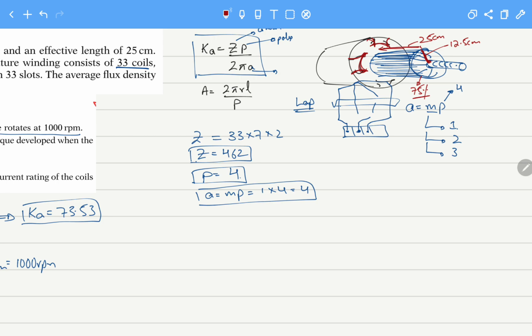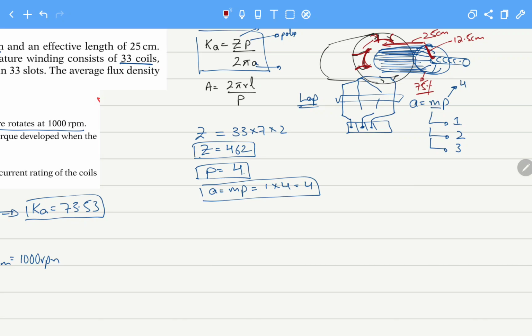That means the torque or the voltage being induced on the rotor is due to the electromagnetism that is only acting on 75% of the total area. Where is the other 25%? It is in the gaps between the poles.